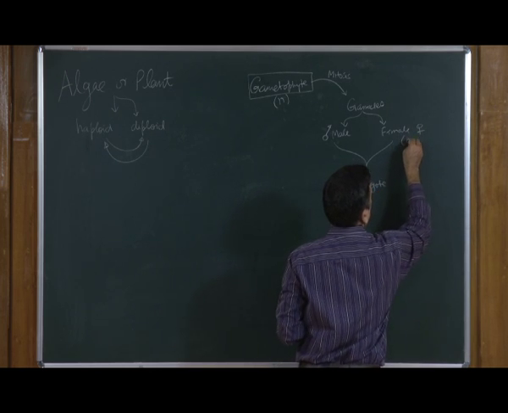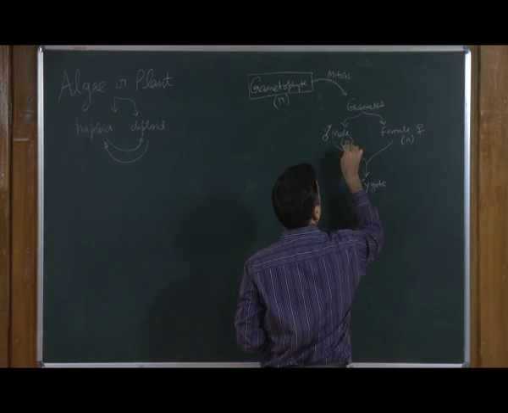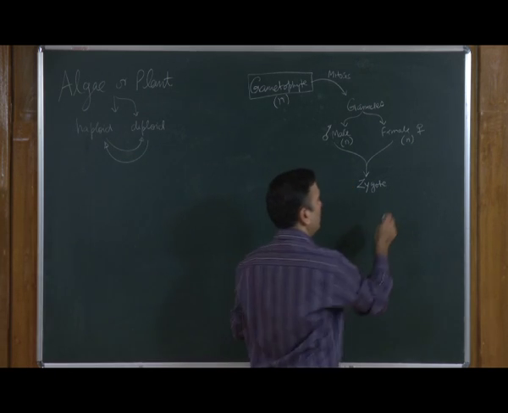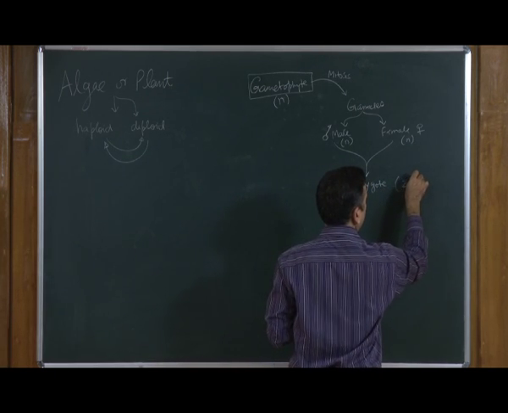Both are haploid, and once they fuse they become the zygote, which is 2n.